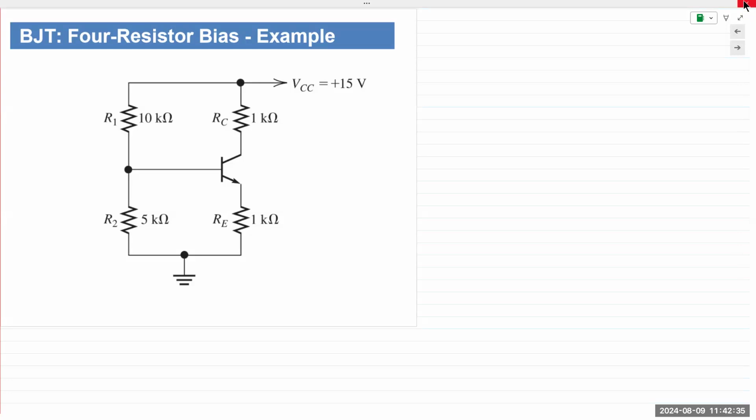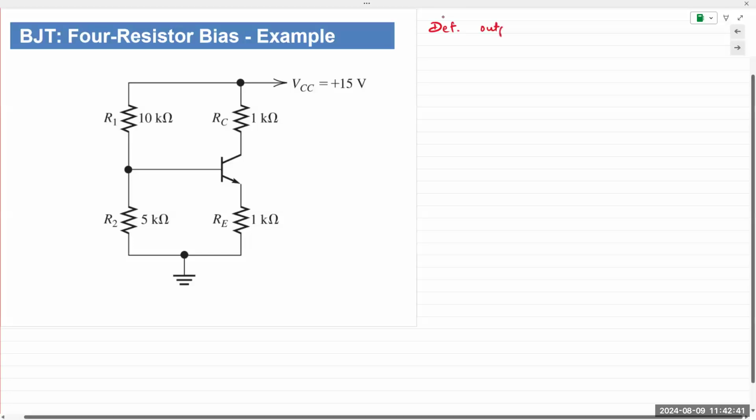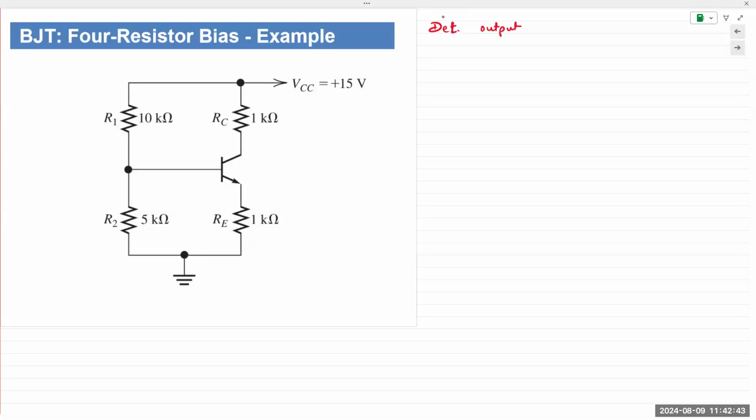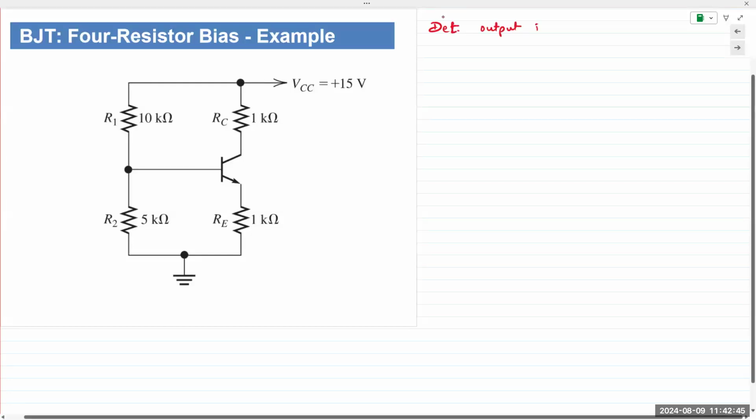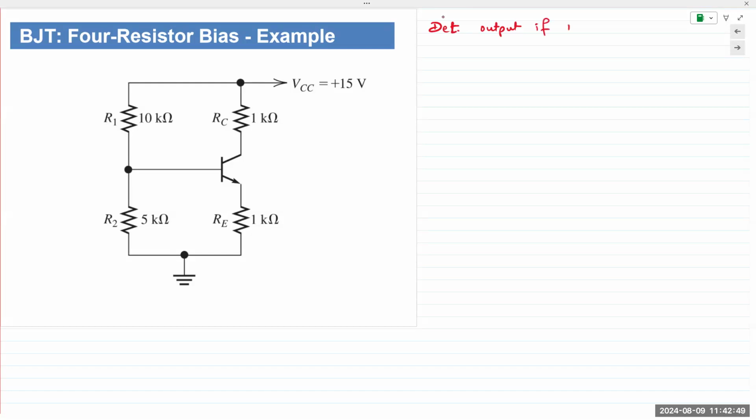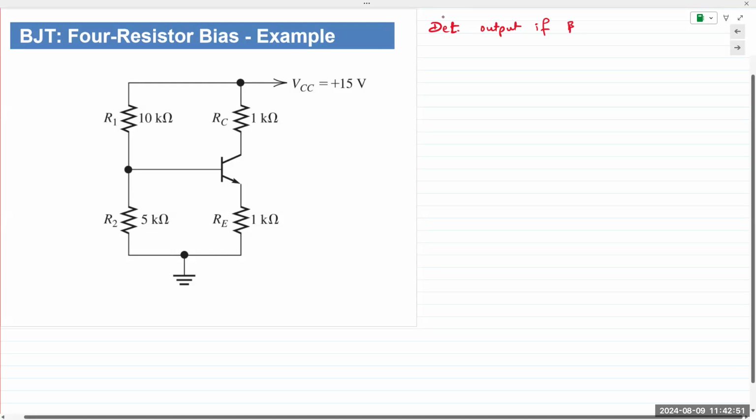Okay, so determine output if the beta for the transistor is 100, and if you use a different transistor with a beta of 300.